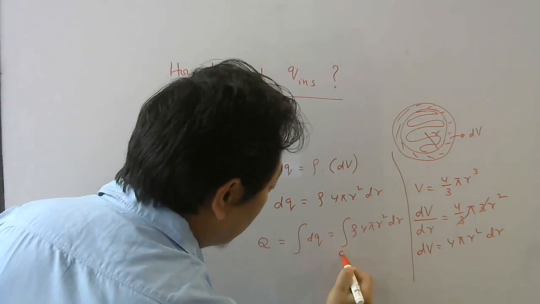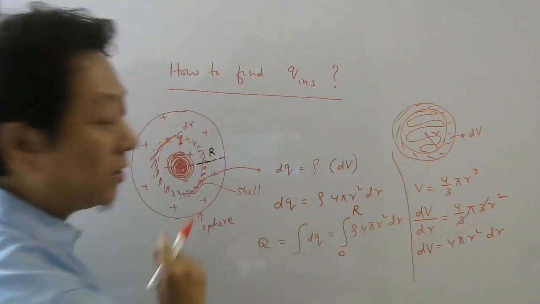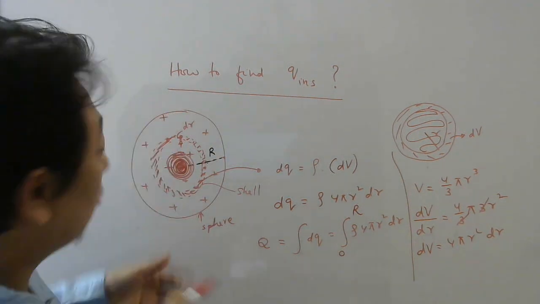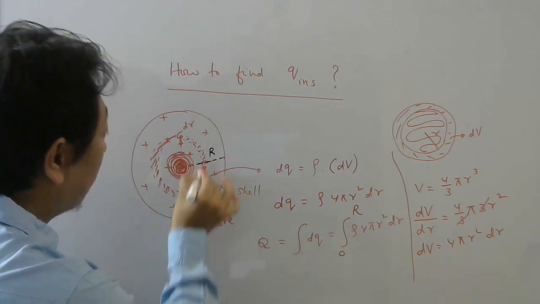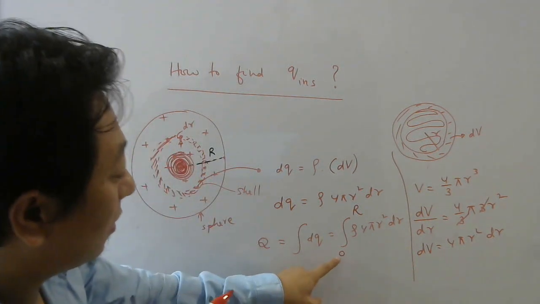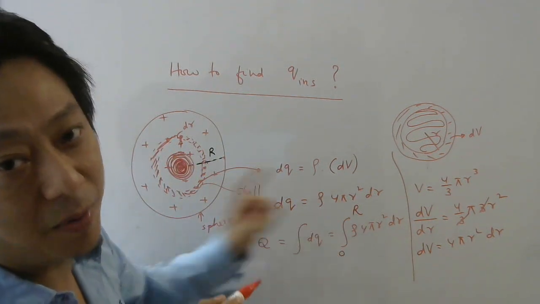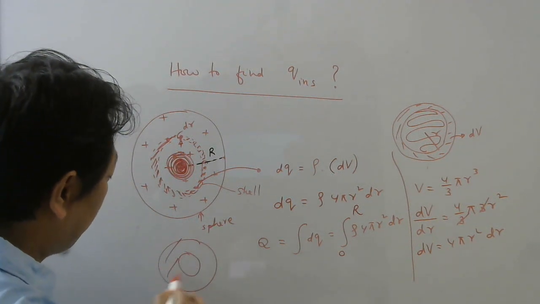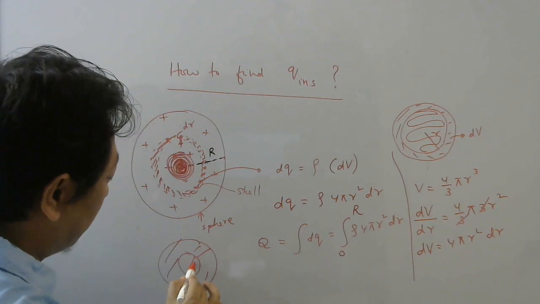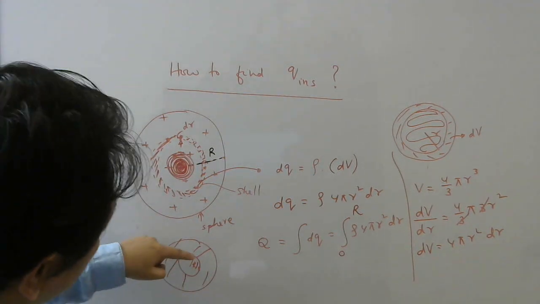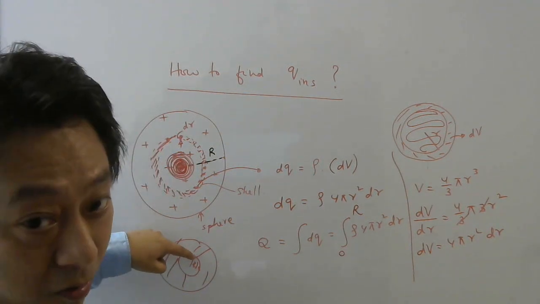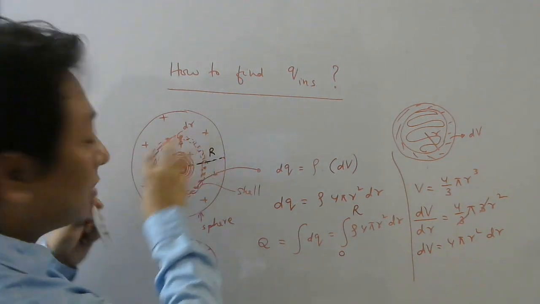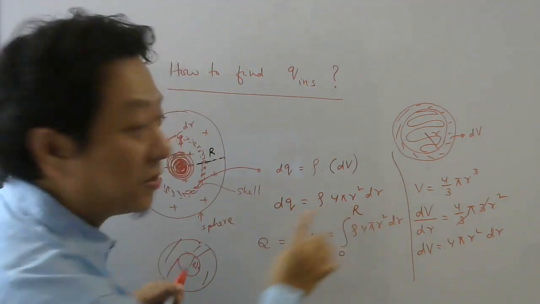So small r will go from 0 to capital R if you want the total charge of the sphere. If you want the charge only in half of the sphere, then you integrate from 0 to R by 2. What if I want only the charge, let's say, in this part? Let's say this is R by 2. Then I have to increase my small r from R by 2 up to capital R. So depending on which region's charge you want, you have to put the limits.